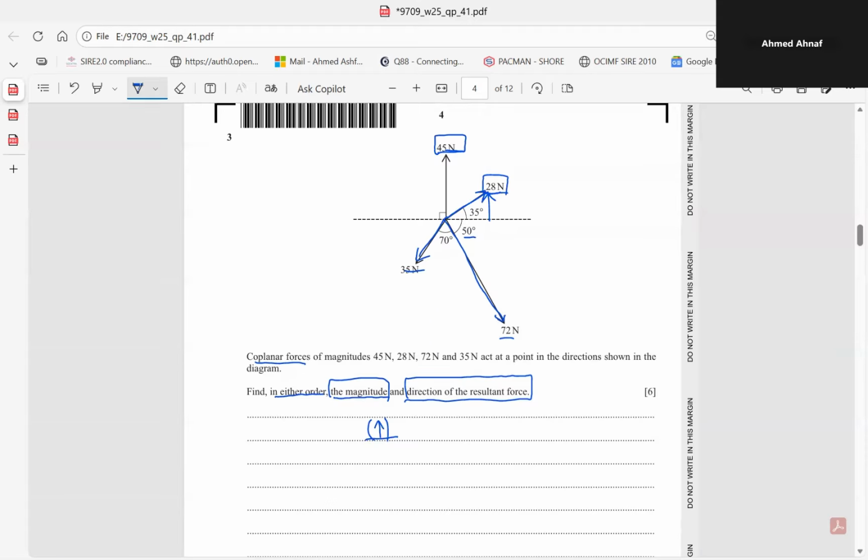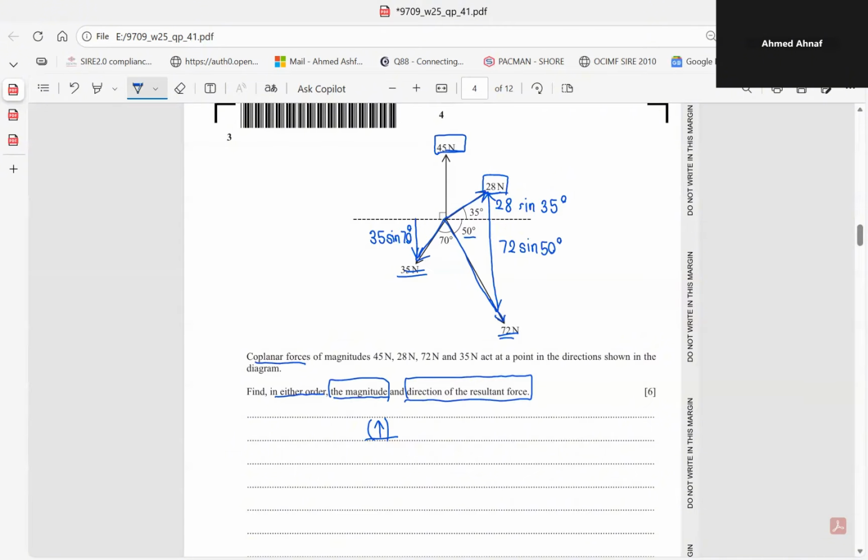So 28 sine 35. Okay, and then for 72, that would be downwards. That's 72 sine 50. And finally, for 35 newtons, also downwards, it is 35 sine 70.